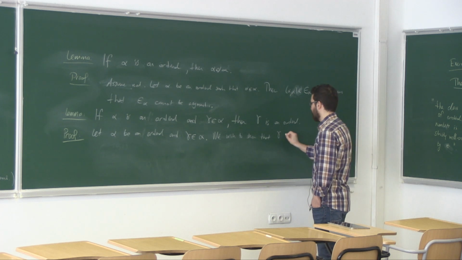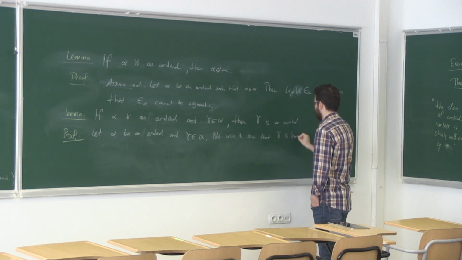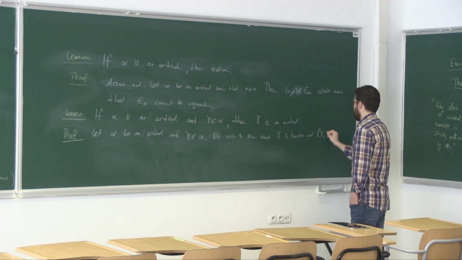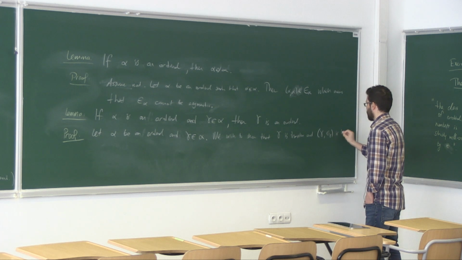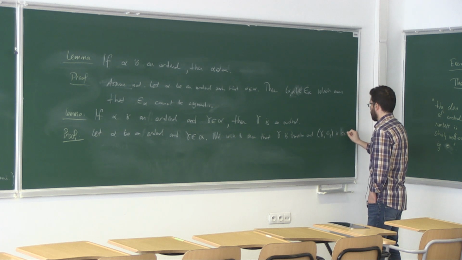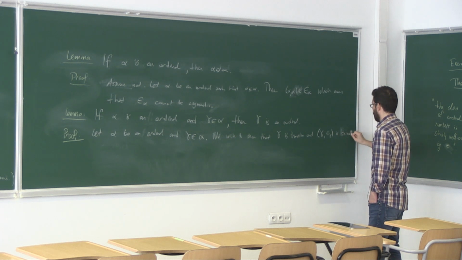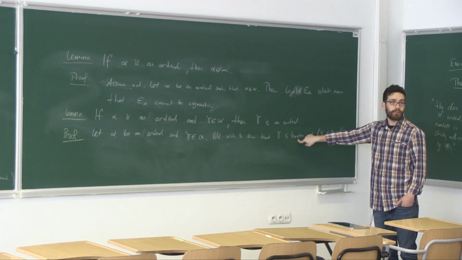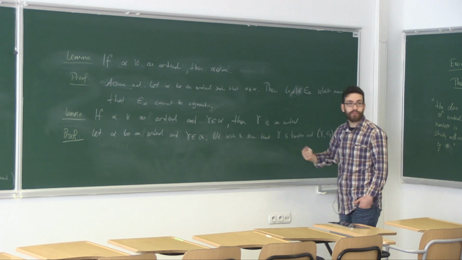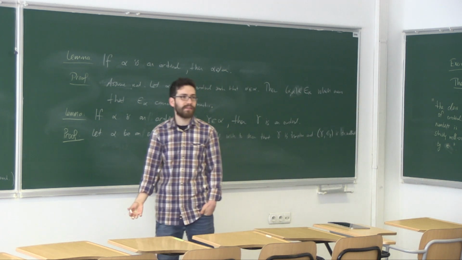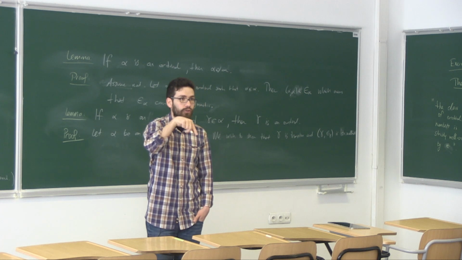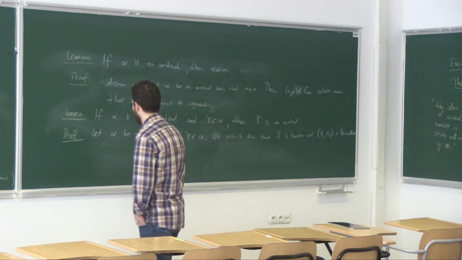So we wish to show that this gamma is transitive and this set is strictly well ordered. Let's start with the first one. Let's try to prove that this gamma is transitive. How do you show that something is transitive? You pick an element of that set and you try to show that that element is actually inside.